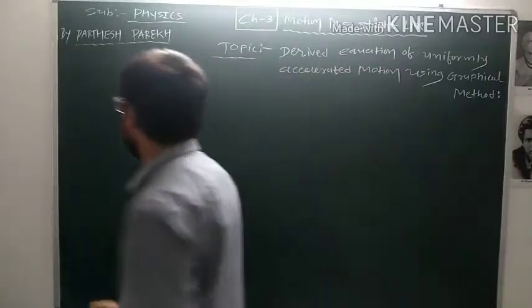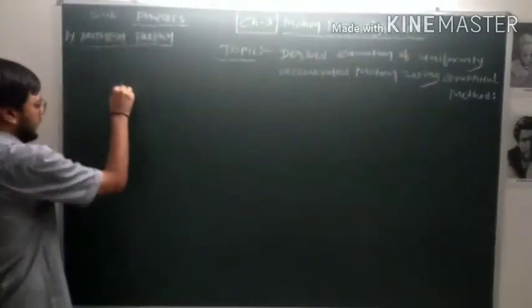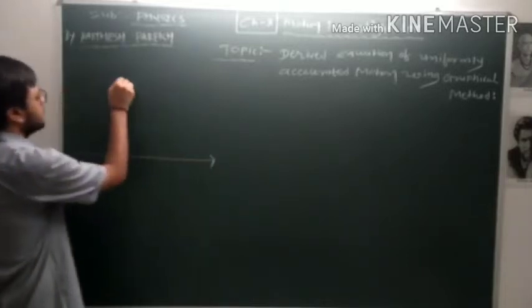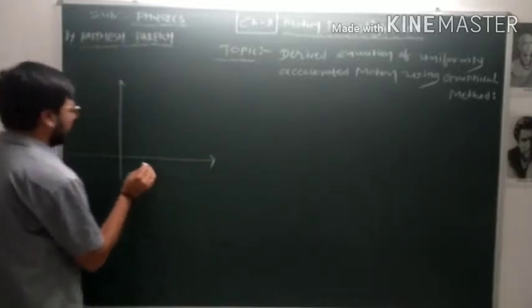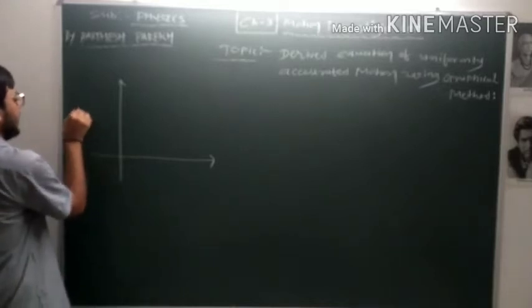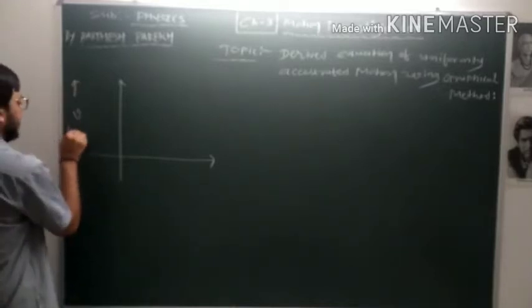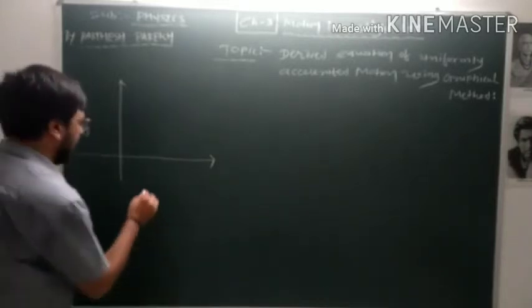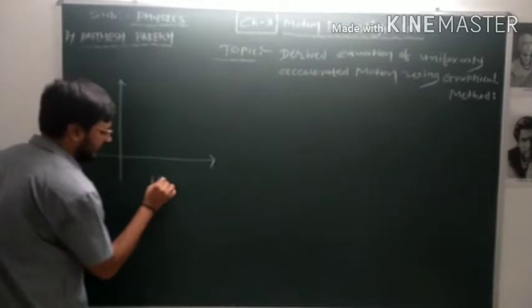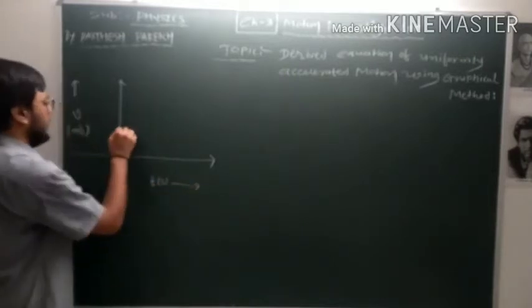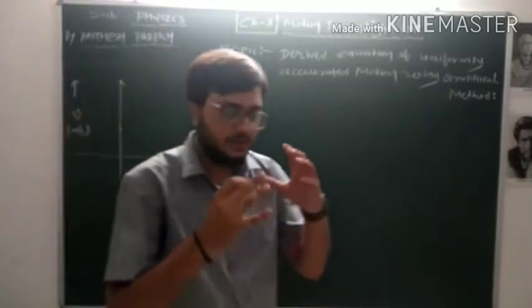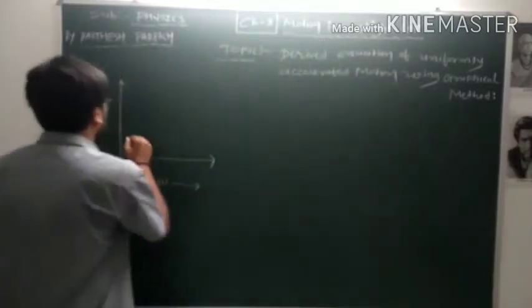First of all, we draw the v versus t graph, velocity versus time. Velocity is measured in meters per second and time is measured in seconds. Now the object or vehicle starts moving from this particular point.